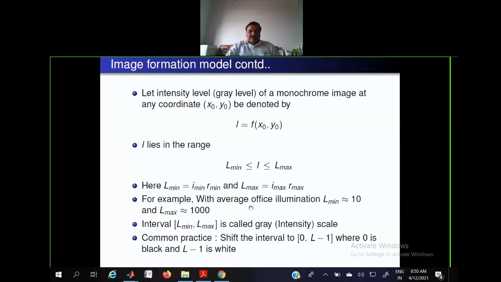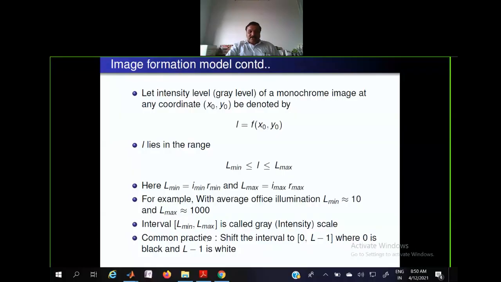So an example is given here with average office illumination. You will have maybe an L minimum of 10 and L maximum of 1000, in fact if the reflection is maximum. That's what it means. And this range, minimum gray value to the maximum value, they call it as the grayscale.